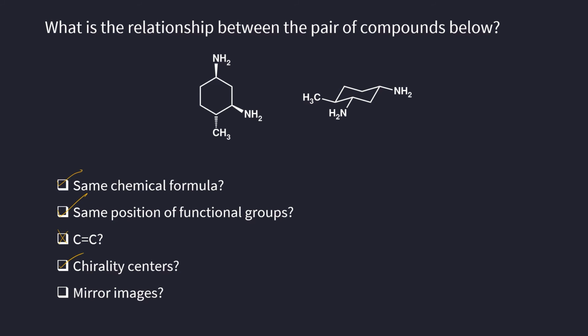Now, to make this easier, you can do one of two things. You can draw this as a chair conformation, or you can draw this as the regular depiction of cyclohexane. So let's try doing the second option. Let's draw a cyclohexane. And this amino group is pointed down, so we'll write it as a hash.